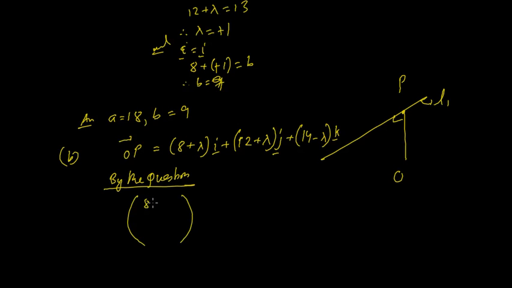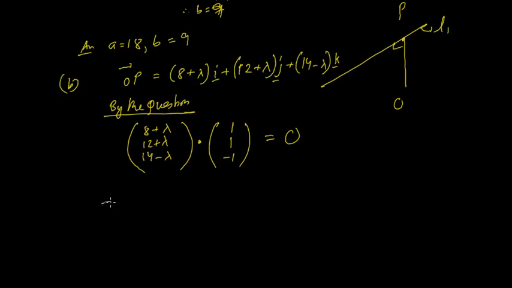So this would be (8 plus lambda, 12 plus lambda, 14 minus lambda), the direction vector of OP, with the direction vector of the line L1, which is i is 1, j is 1, minus k is minus 1. The dot product is 0. I'm writing this in column vector format. You can either write it as ijk or column vector. I'm writing it as column vector form because it is easier to see here.